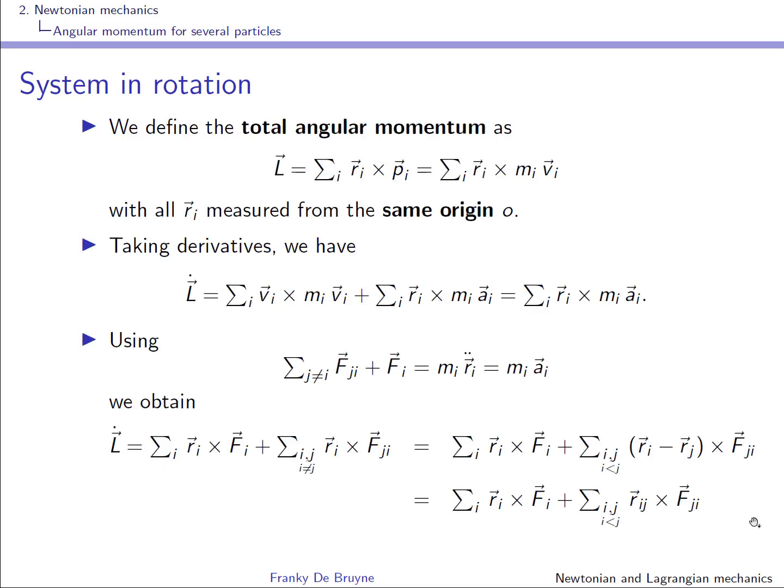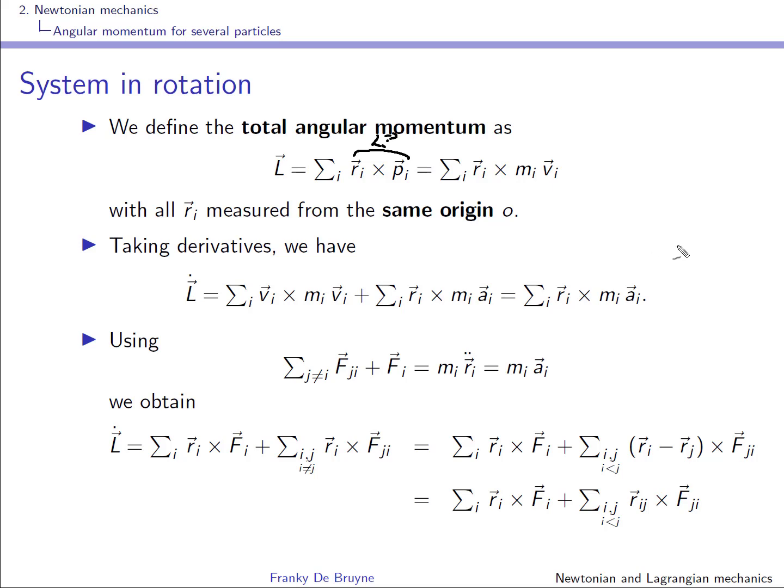So let us now look at the total angular momentum, which is the sum of each individual angular momentum. Remember that the angular momentum is a cross product of the position vector and the linear momentum.